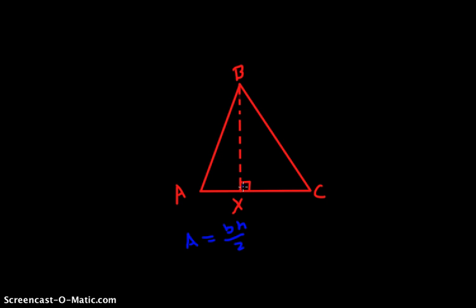For this, you just draw a line down from the very top. Then you draw a line down so you have 90 degrees there, and then you have 90 degrees there.